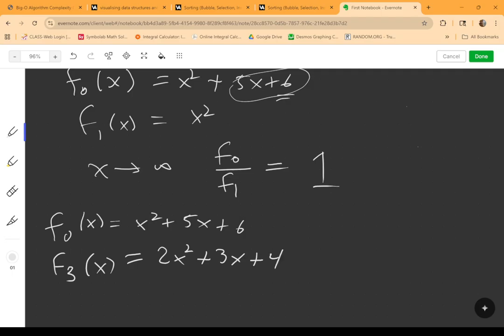Okay, so again, in the long run, these values won't play much into the growth rate. But if we take a look at f3 over f0, now this doesn't equal 1, this is equal to 2, as x goes to infinity.